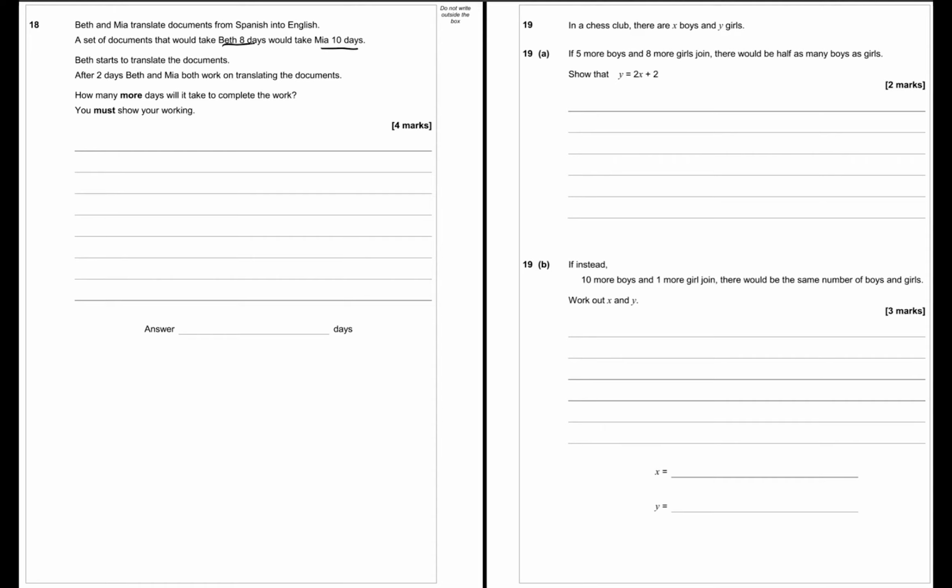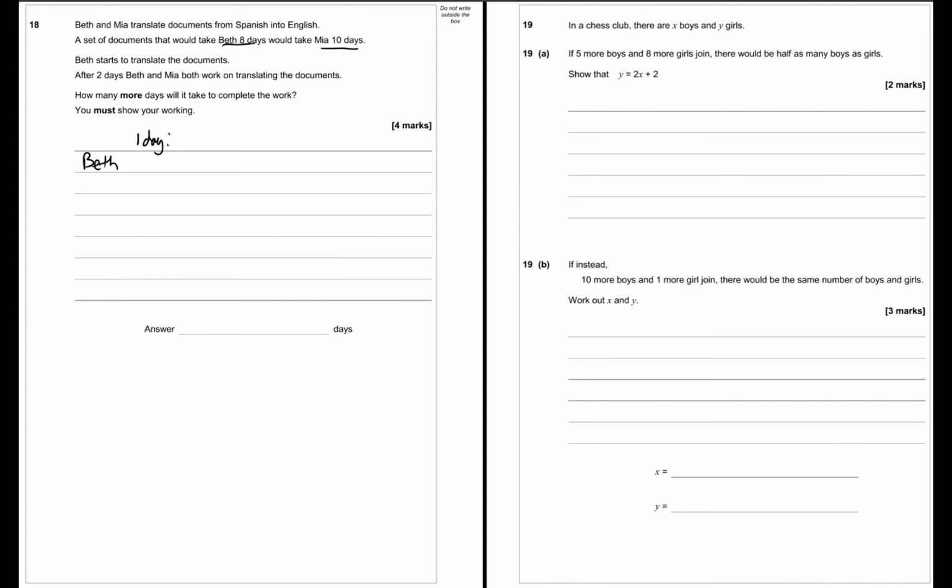So we've got Beth and we've got Mia. Let's look at Beth first. It takes her 8 days to complete it. So let's think of how much of the work she can do in 1 day. She can do the whole thing in 8 days, right?